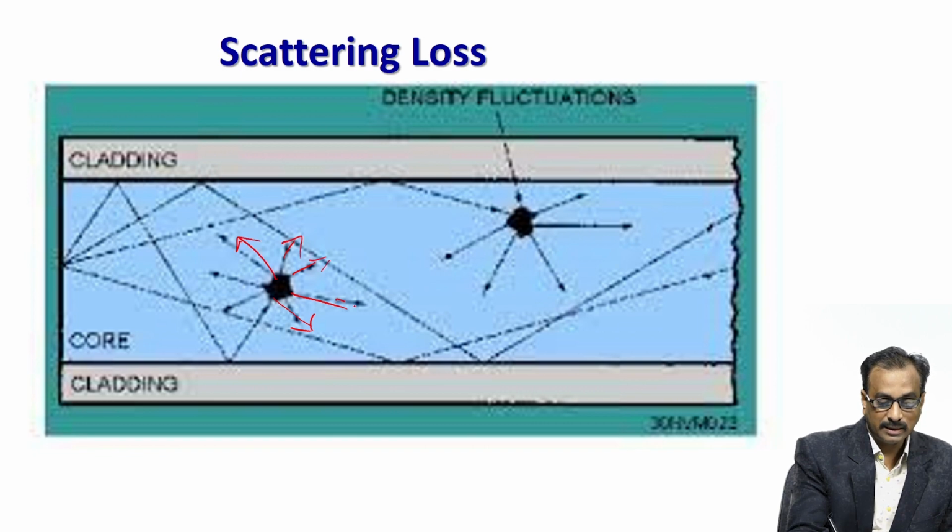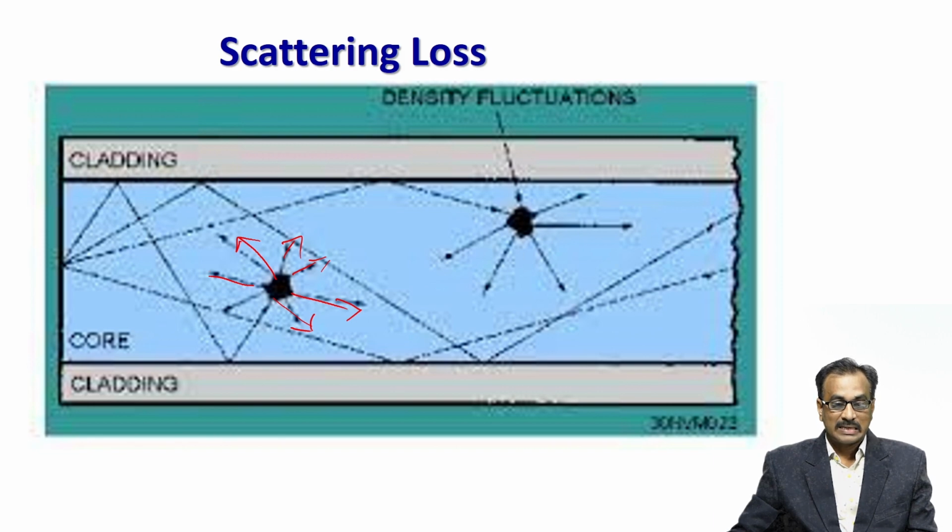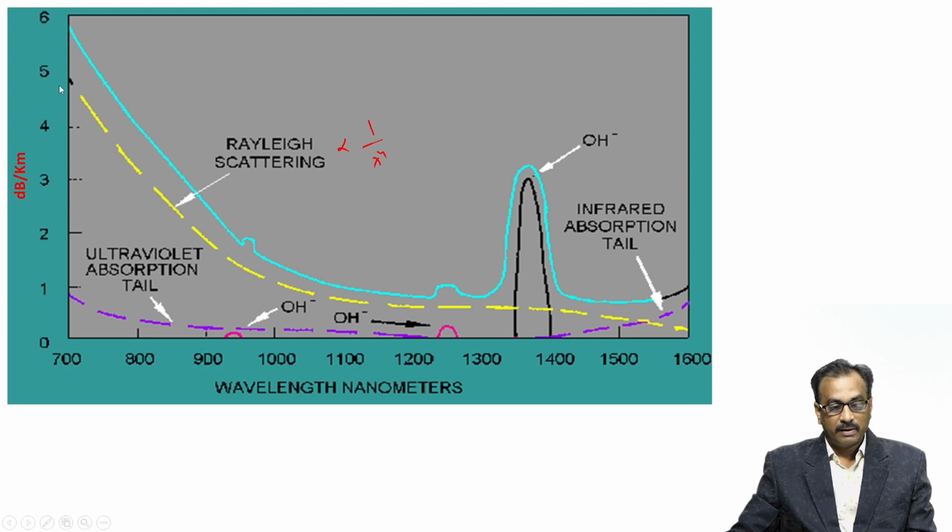Due to this, signal strength comes down, and this is called Rayleigh scattering. The scattering loss occurs due to the imperfection of the crystal. This is also a wavelength dependent loss. At lower wavelengths, the loss is very high. As the wavelength increases, the loss decreases.